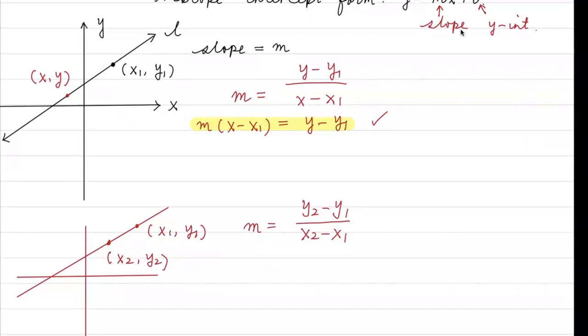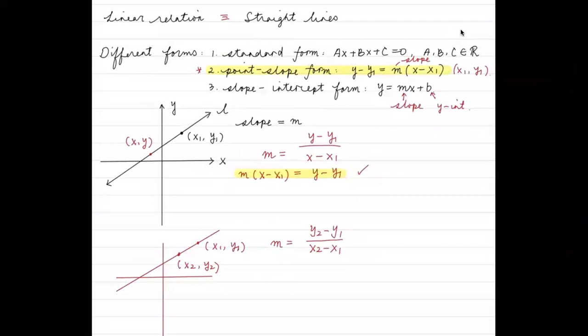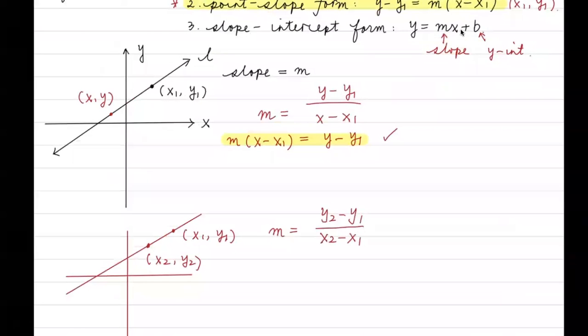Okay. So let's look at this again. What is point slope form and how do we derive it from the slope formula? We have a given point, x1, y1.